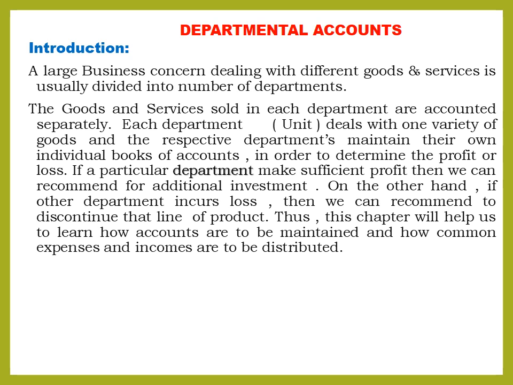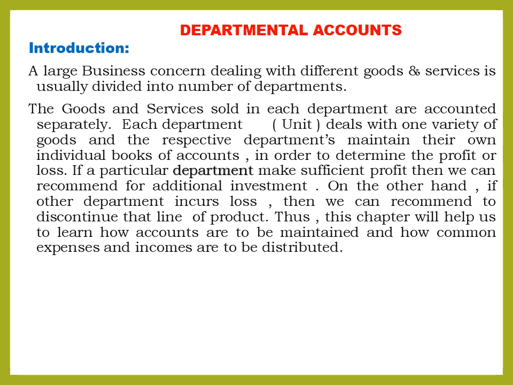I can correlate an example with this to a college. A college is divided into different departments. We have commerce department, physics department, English department, Kannada department, economics department, and so on. The principal appoints a HOD for each department.